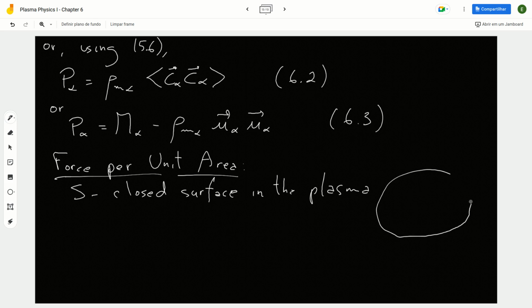We have some surface element, ds, with the normal. Let me draw it like this for you to know that it's a closed surface. And so ds is the normal times the area of the element. And the normal for us will always be the outer normal.